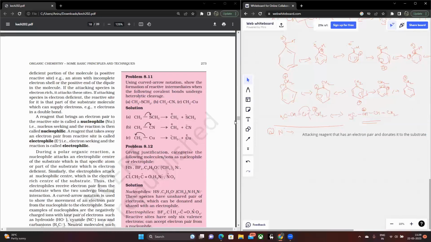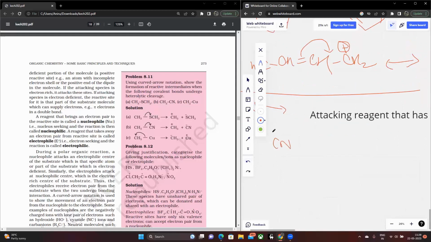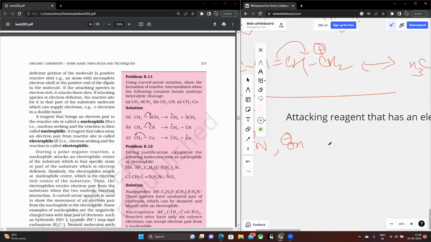Some examples of nucleophiles are your CN minus, the cyanide ion, right? It attacks through C because the minus sign is over C and C is the attacking site, right? Your OH minus, the hydroxyl ion, attacks through O because the minus charge is on O. You have your Lewis bases, that is H2O.